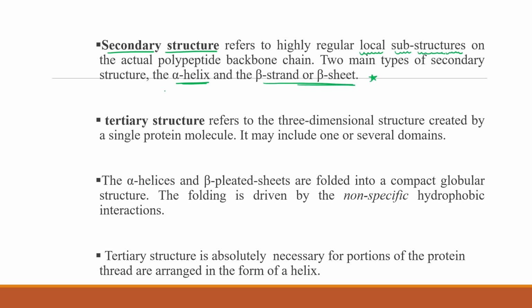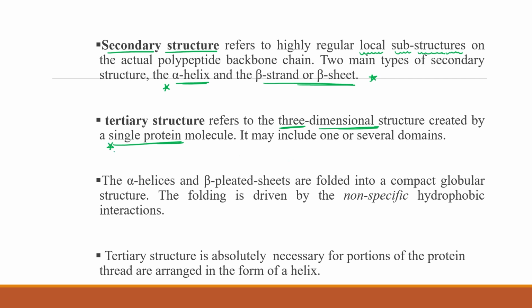They both are different types of secondary structure. And the tertiary structure refers to the three-dimensional structure, and this one is created by a single protein molecule, and it may include one or several domains, but only a single protein molecule.